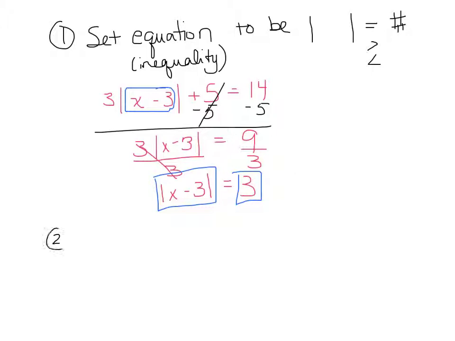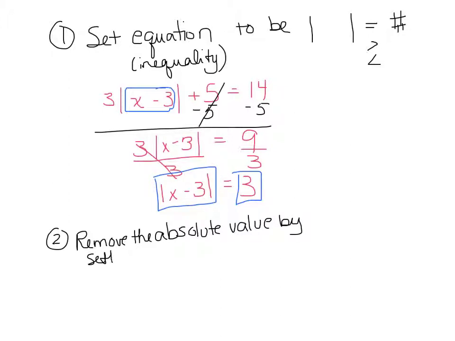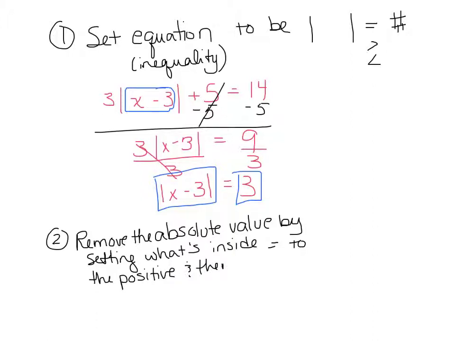The second part will be to remove the absolute value bars, by setting what's inside equal to the positive and the negative value of the number on the opposite side.